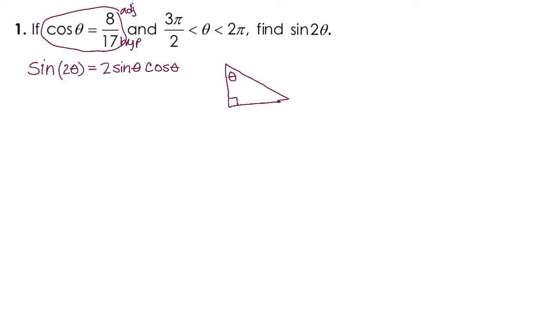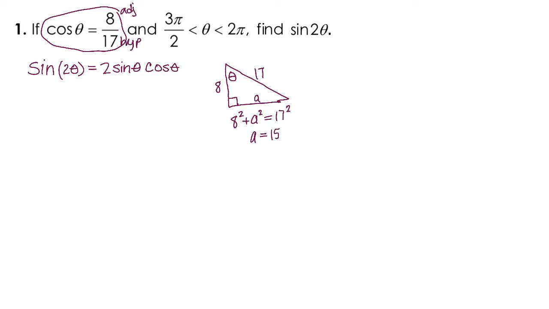And so I'm able to label my sides adjacent and then hypotenuse. And so we see that 8 squared plus this missing side squared equals 17 squared. And if we work this out, we're going to get that side that we're missing to be 15.